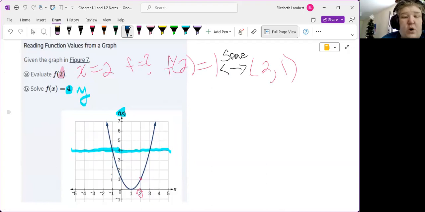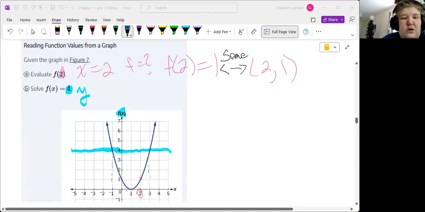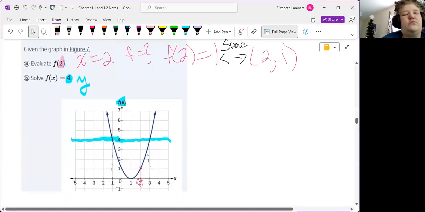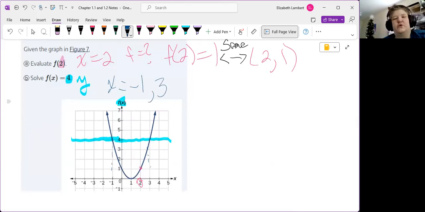So we got -1 and 3. So x equals -1 and +3. Those are the x values that will produce 4 as a function value.